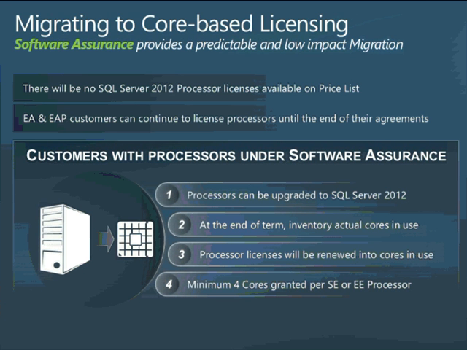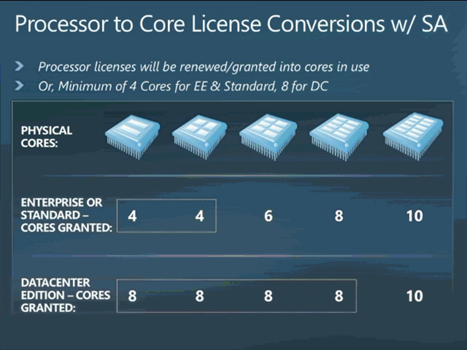And you'll get a minimum of 4 cores per processor license. For every processor license that you have, you get a minimum of 4, but you may get more if you're running on higher-end hardware. Again, this chart attempts to explain that. Up here at the top, I have the number of physical cores. So there are 2 cores in this first processor, 4 cores, 6 cores, 8, and 10.